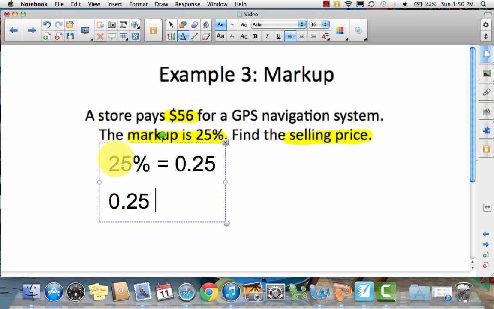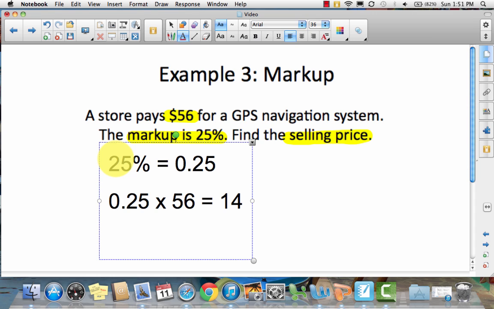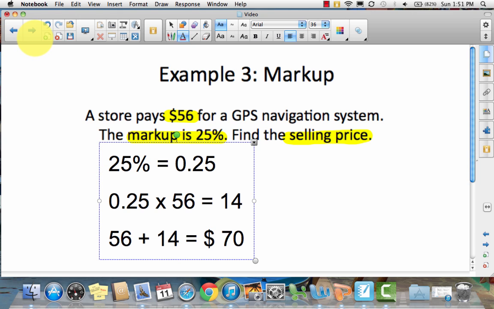That decimal gets multiplied by the original price of $56, which gives me $14. And finally, to get the selling price, we add the original price plus the amount of markup, which tells us that our final selling price would be $70.